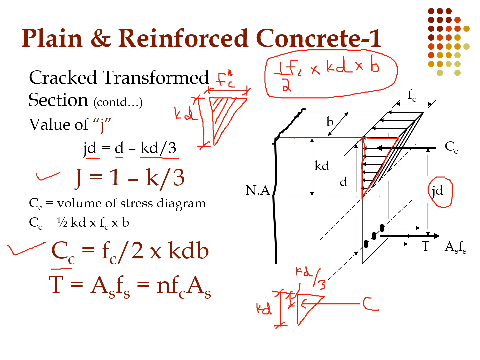Similarly, capital T is equal to As into fs. If we want to put it in terms of fc, we know that fs is equal to n times fc.